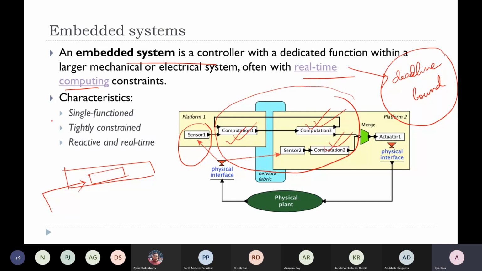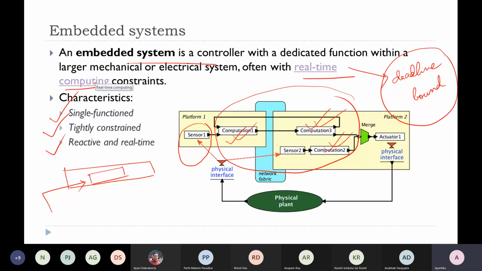Next one, this is single function. Tightly constrained, of course, as at least one constraint today we have mentioned is power. You have to work within this microwatt, milliwatt scenario. So tightly constrained. As we proceed, we will see some more constraints. And reactive and real time.